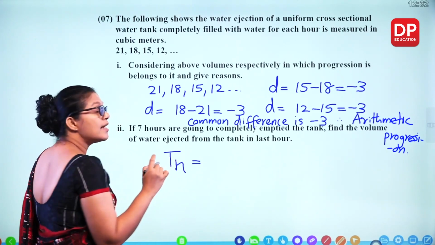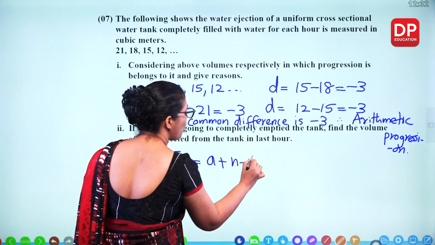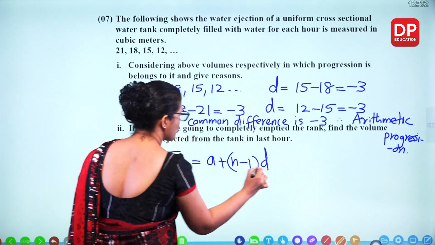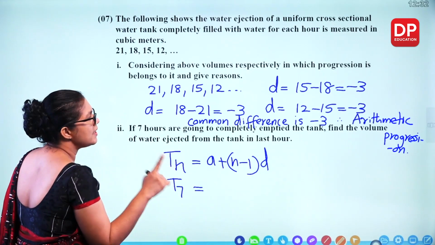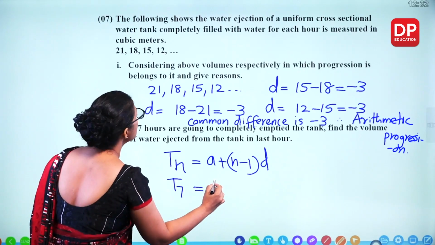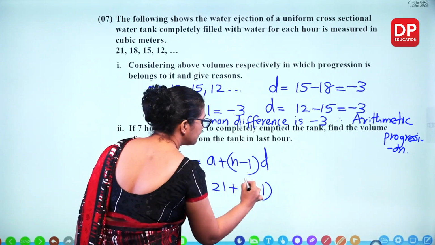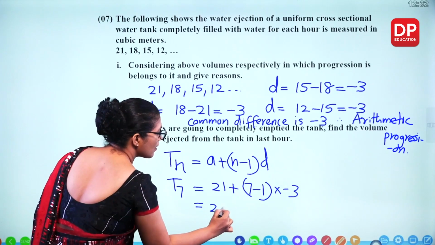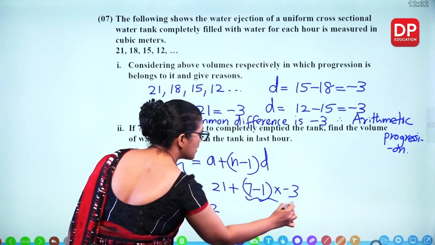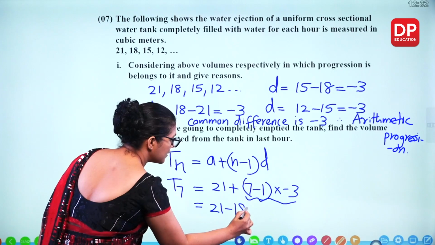What's the nth term formula? a plus (n minus 1)d for an arithmetic progression. 7th hour means 7th term. First term is 21, n is 7, d is minus 3. First multiplication: 6 into minus 3 is minus 18.